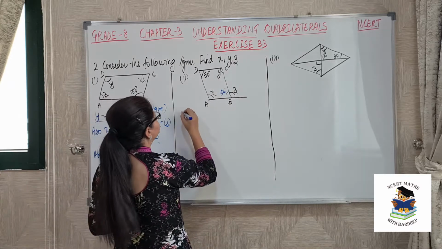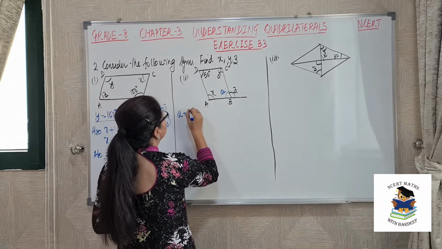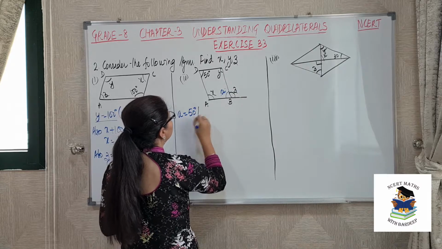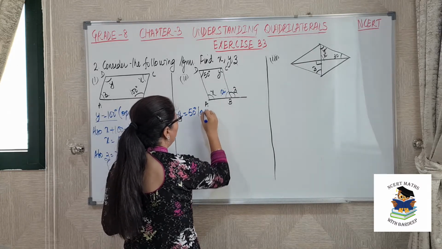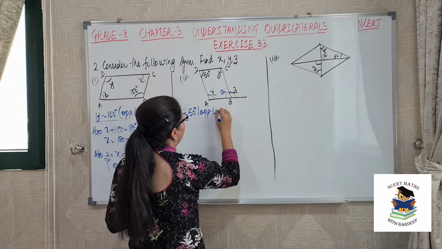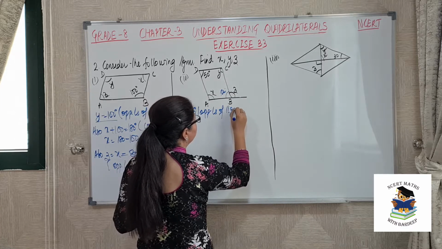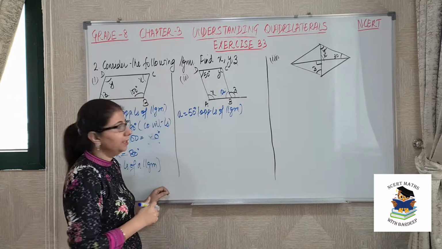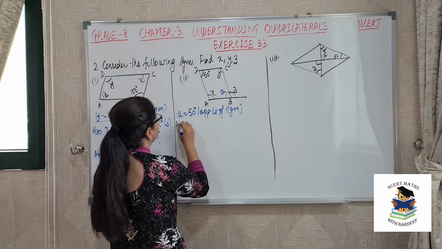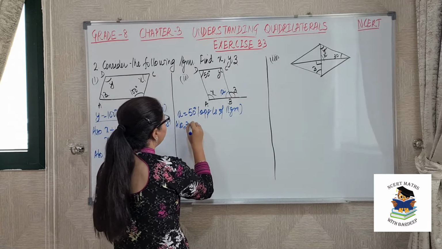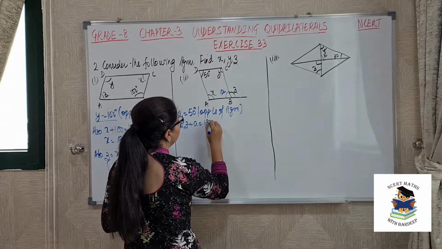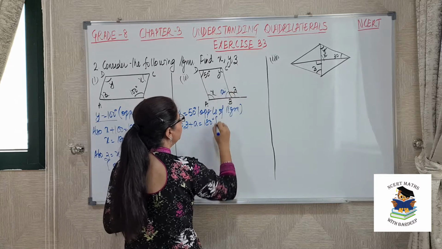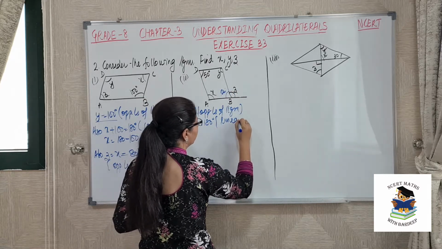So let's start. Angle A is equal to 50 degree. Reason is opposite angles of parallelogram. Okay. Also Z plus A is 180 degree. This one. So reason for this is linear pair.